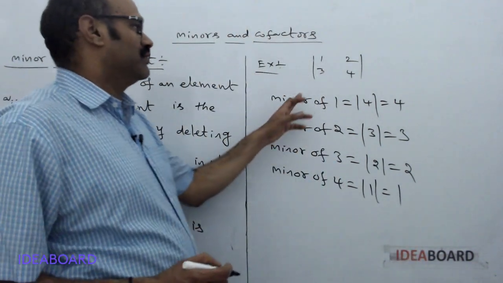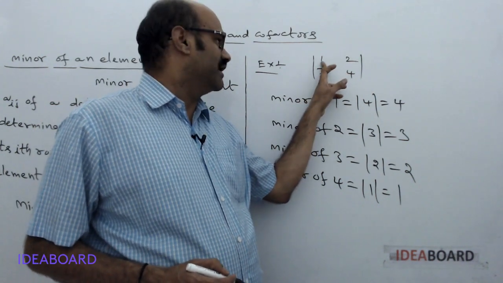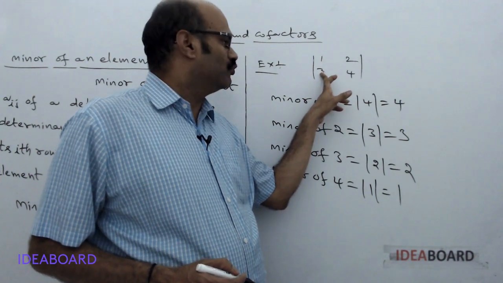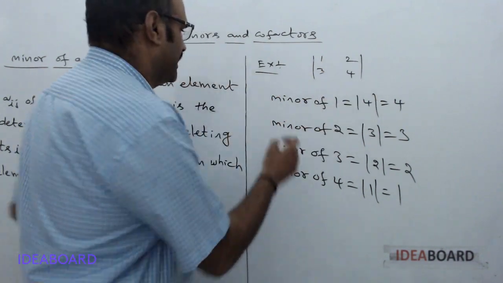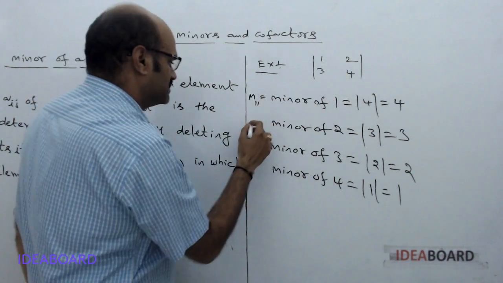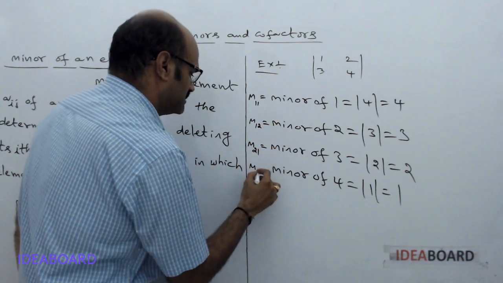So we know that the elements are called A11, A12, A21, A22. So we write the minors as M11, M12, M21, M22.